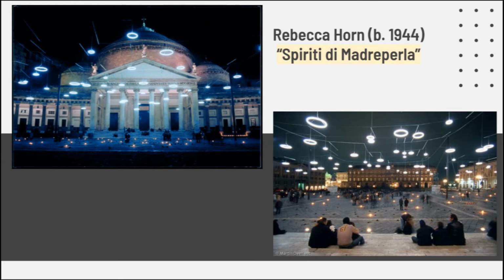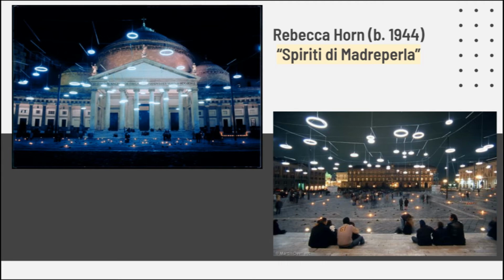Spiriti di Madreperla by Rebecca Horn. With this outdoor installation in 2002, she transformed Italy's largest city square, the Piazza del Plebiscito in Naples, into a space encompassed by magnetic energy. Shimmering light rings of mother of pearl float high above the square, and exactly beneath this, set between the cobblestones, are cast iron skulls.